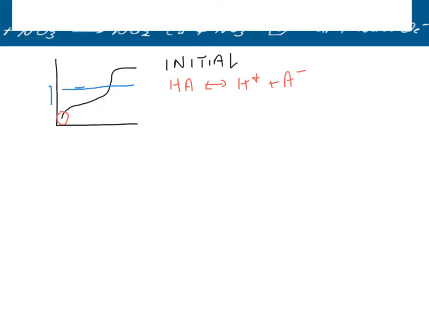Okay. Next place, the half equivalence point, which is going to lie about right here. We're right in the middle of that buffer zone, and that's the special place because we have reacted half of our acid with added base so that we've neutralized half of it into conjugate base and water.